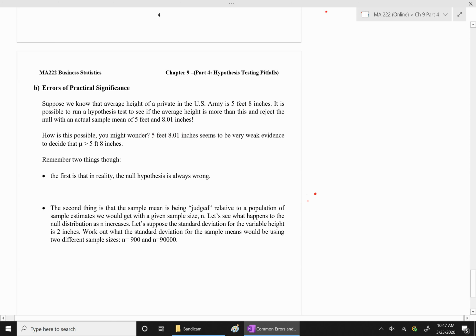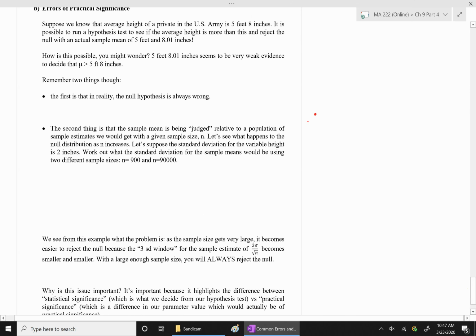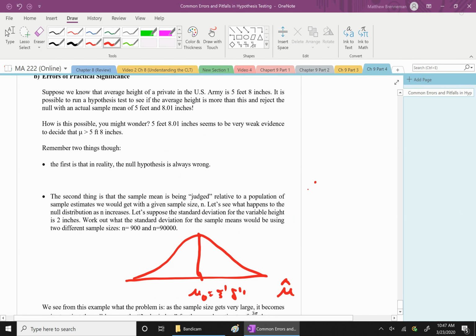So let me just illustrate what I mean. If the null hypothesis is true, the average height is 5 feet 8 inches. And the central limit theorem tells us that sample averages we get have this normal distribution. And suppose we get a sample average of 5 feet 8.01 inches, okay?